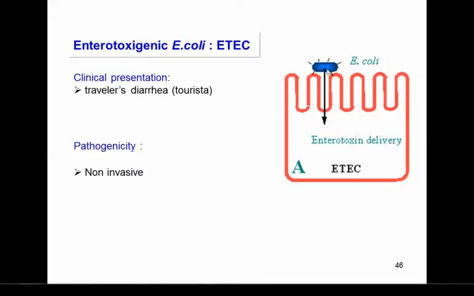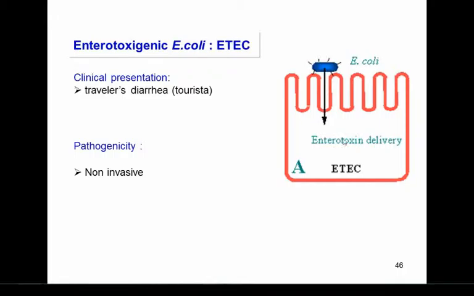Then they'll secrete an exotoxin into the epithelial cells. I just have to try and remember this. Okay, so there are two types: heat labile toxin (LT) and heat stable (ST). The heat labile toxin, it's a protein, is very much like the cholera toxin. Works in the same way. So it's an AB toxin.